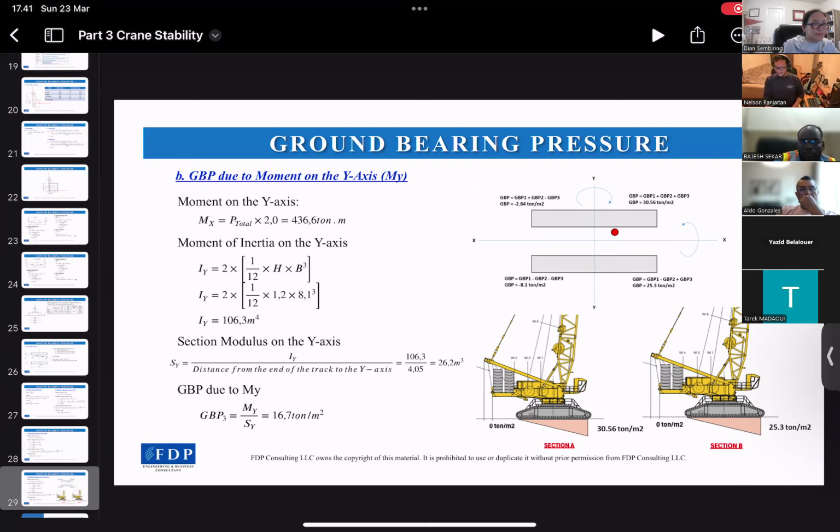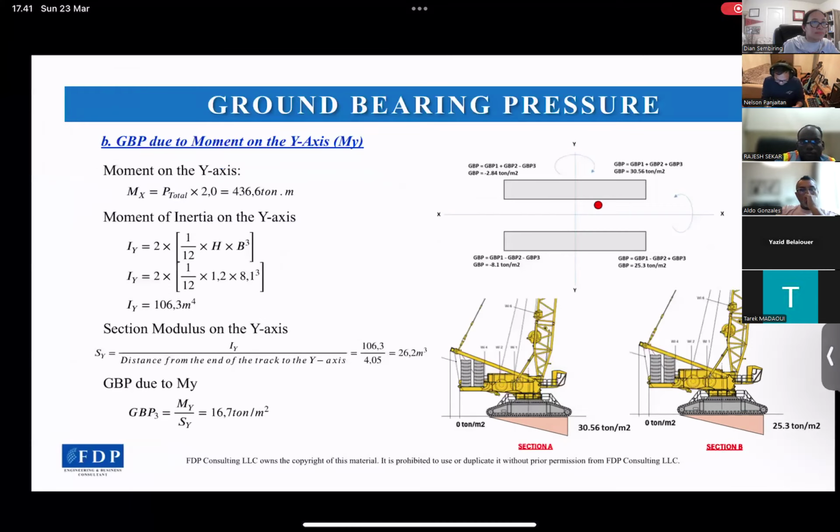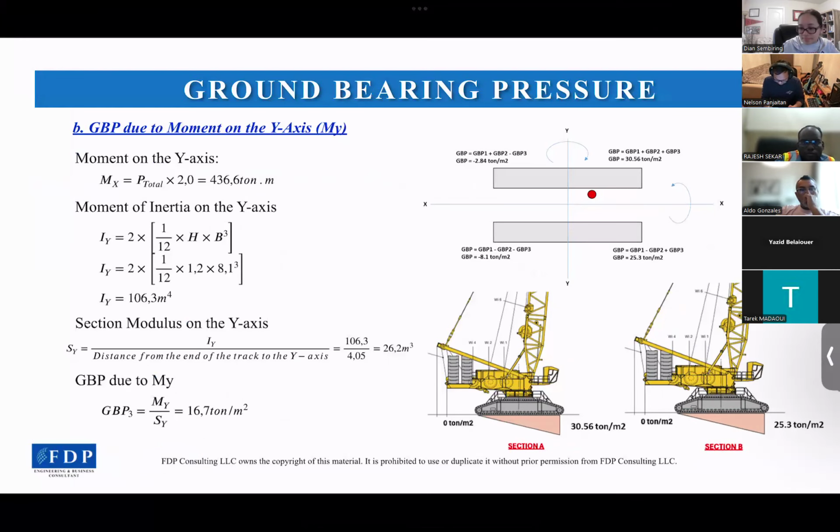Nelson, about the negative GBP, that means that the force is reversed. Instead of pressing down on the ground, the crane is generating an upward force. When the GBP is negative, the force is reversed.